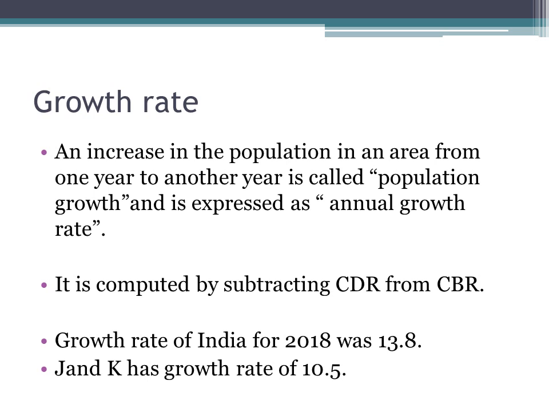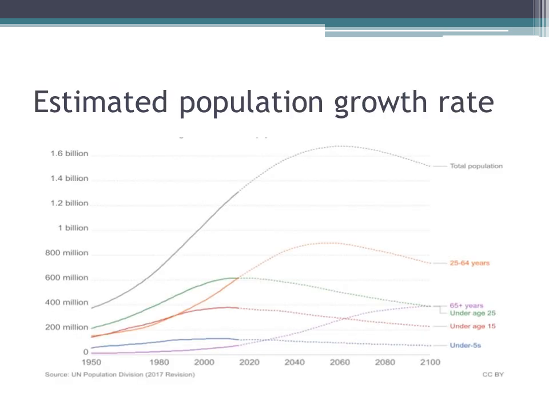Growth rate of India for the year 2018 was 13.8 and for J&K the growth rate is 10.5. Now here's a graph showing the estimated population growth rate of India. So we see that the population of India is still on an increase.